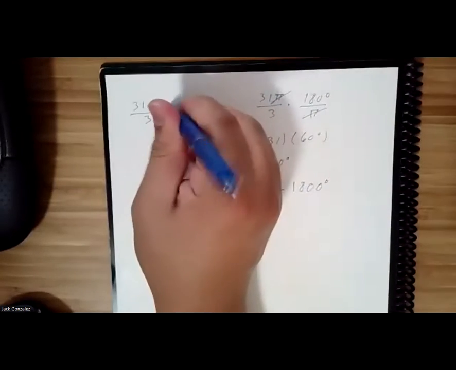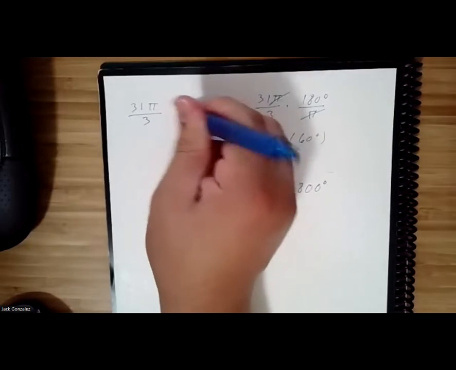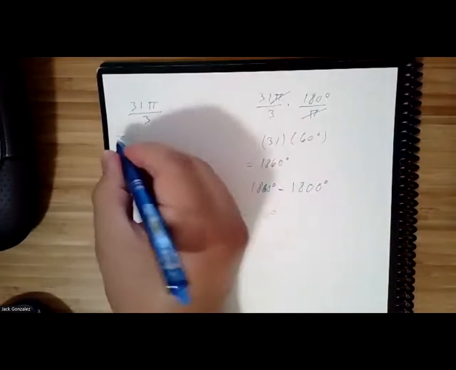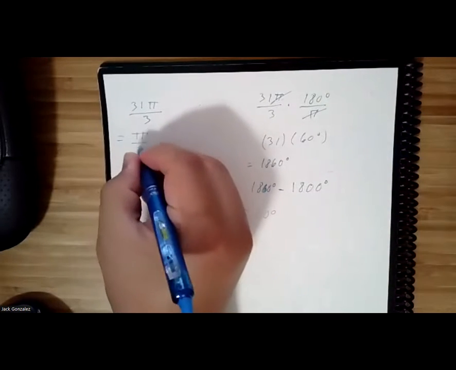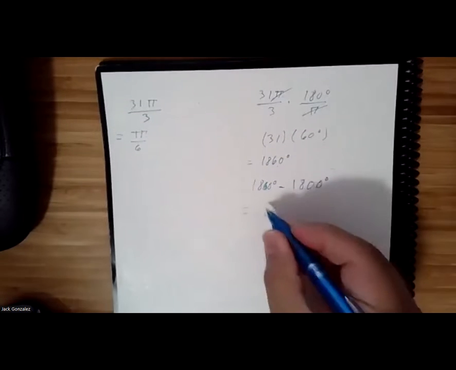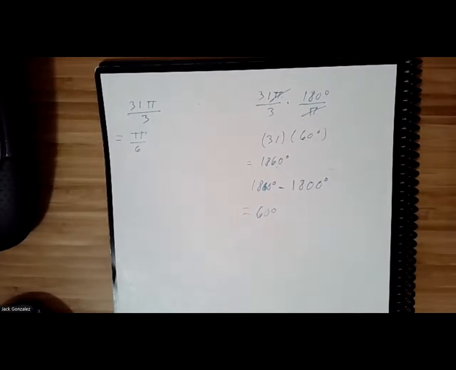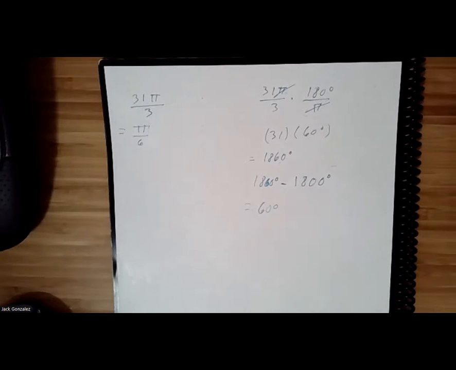So this guy is actually just pi over 6, because on the circle, if you look at a unit circle, 60 degrees is the same as pi over 3, not 6.